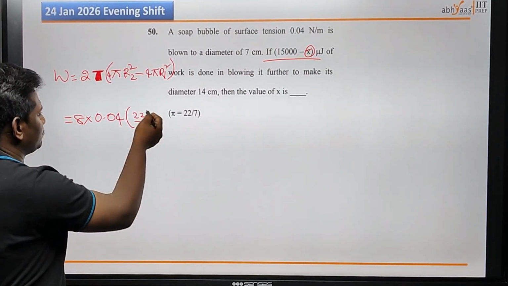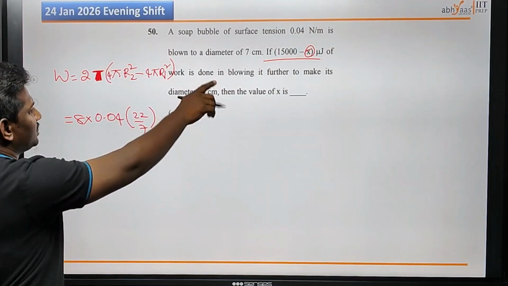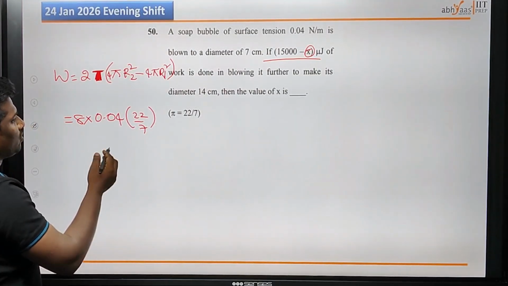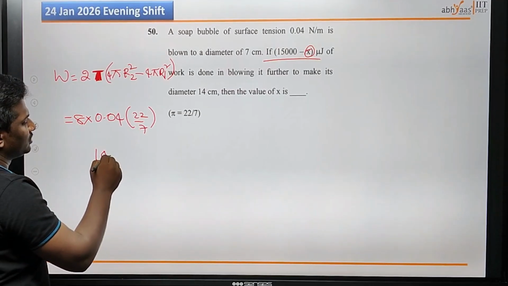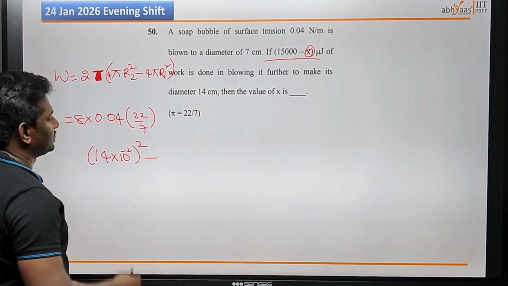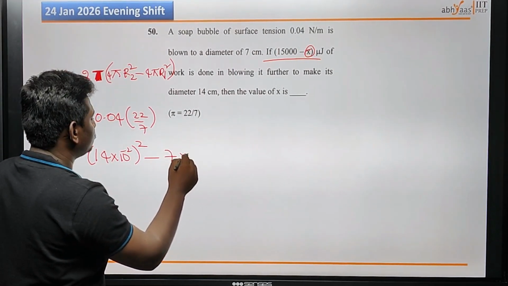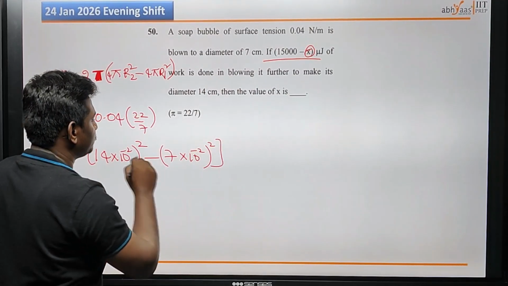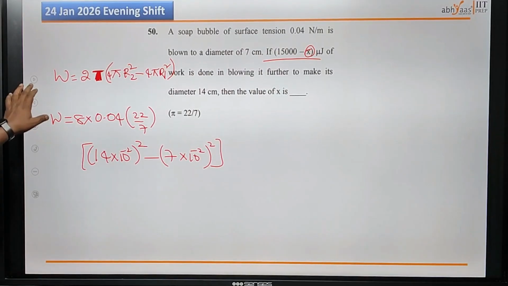Pi is common, you can take it out. R2 square is nothing but 14 into 10 to the power minus 2 whole square, minus 7 into 10 to the power minus 2 whole square. This is multiplied by this one. So this is our work done.